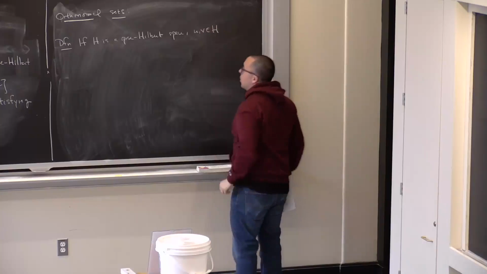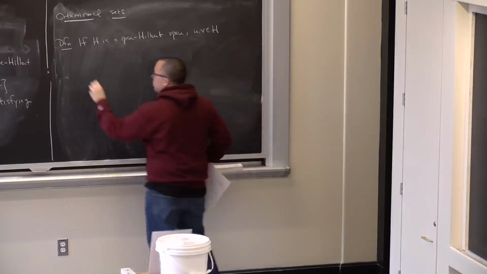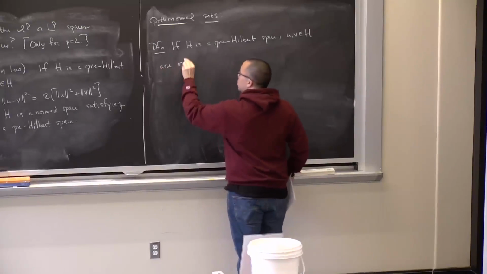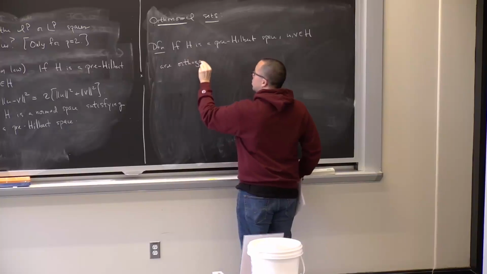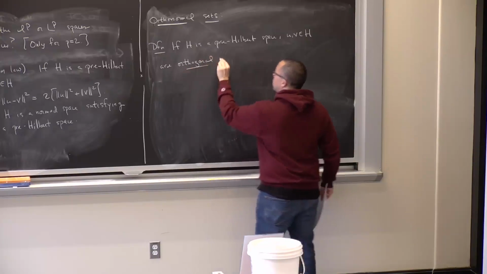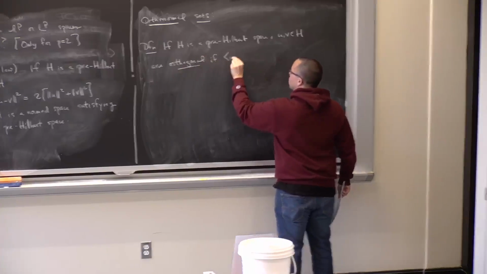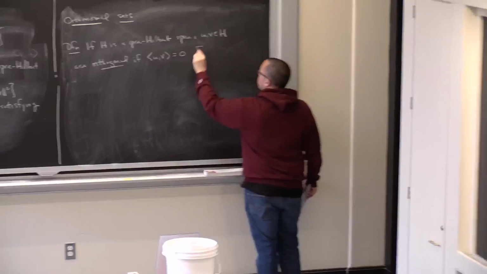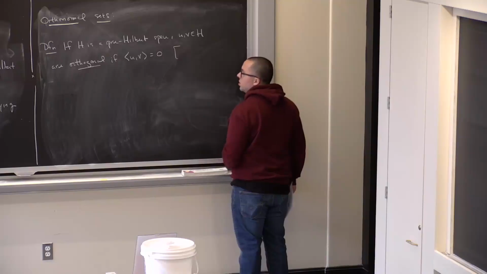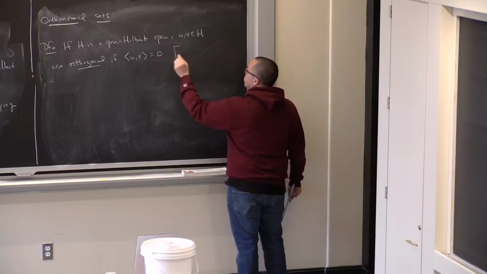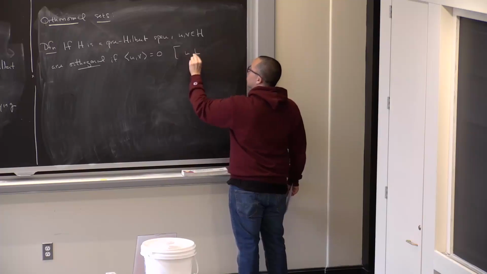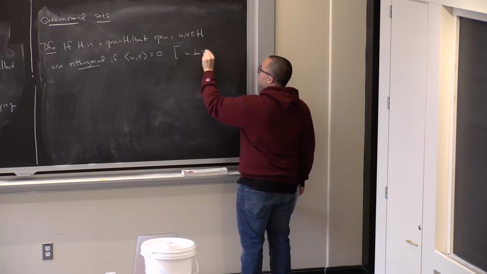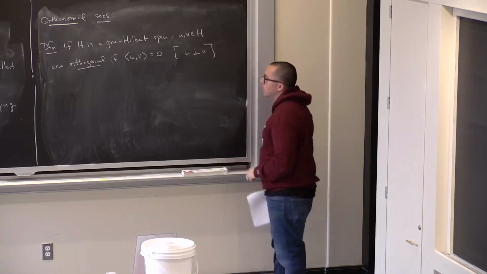We say that two elements u and v are orthogonal if their inner product is 0, right? And if instead of saying orthogonal, I want to write this in words, I'll write u perp v. Okay?